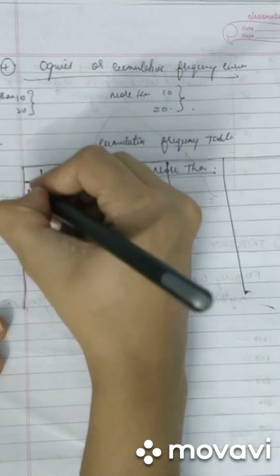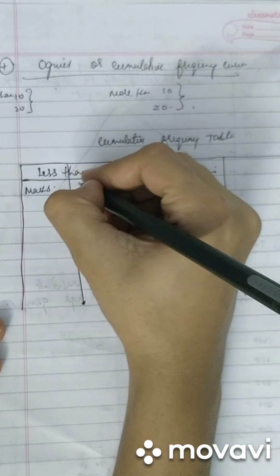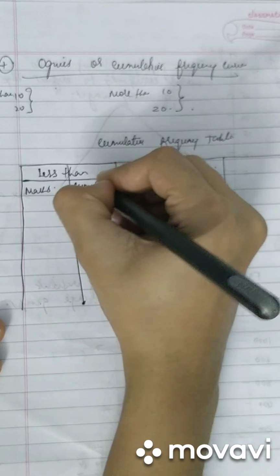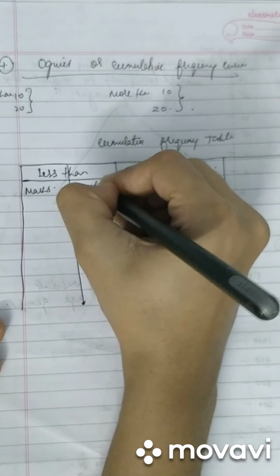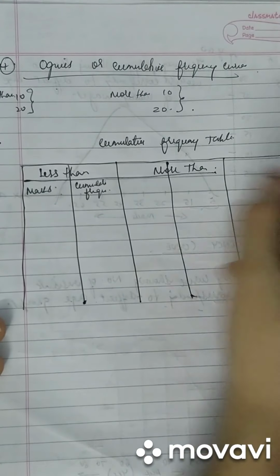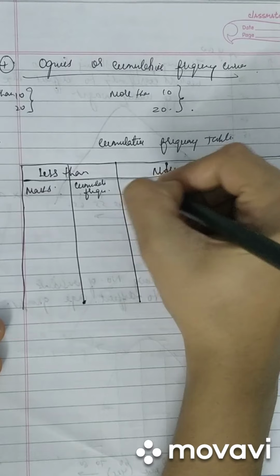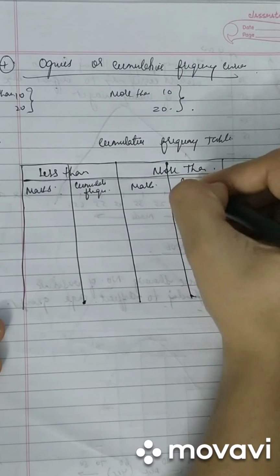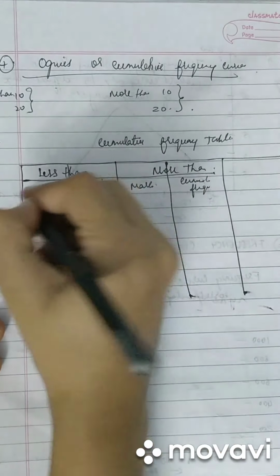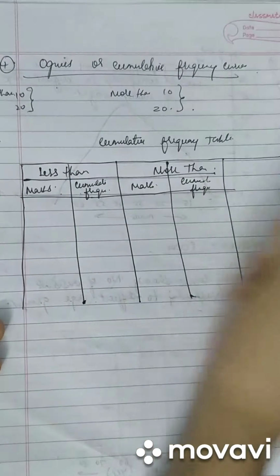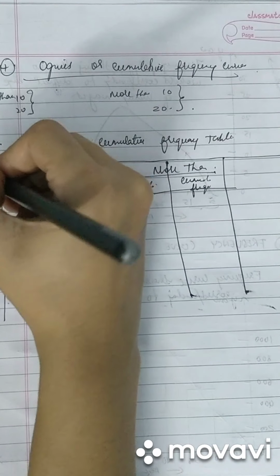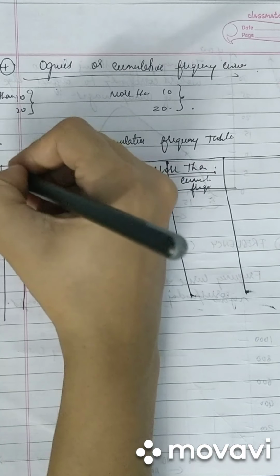Under less than we will be having marks, cumulative frequencies, marks, cumulative frequency. We can have 2 more columns here which is already given in the question, that is marks and number of students.